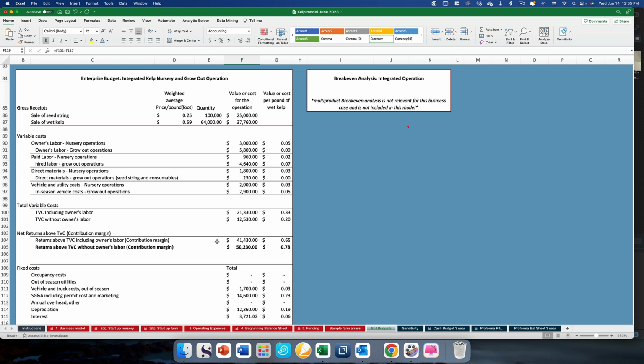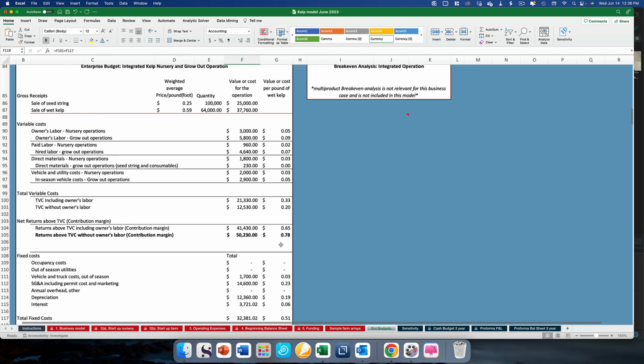And so we have broken out all of these cost elements per pound of kelp. And basically we're looking at the sale of the seed string as kind of gravy, right? So that $25,000 of extra revenue is not really part of this enterprise budget analysis.